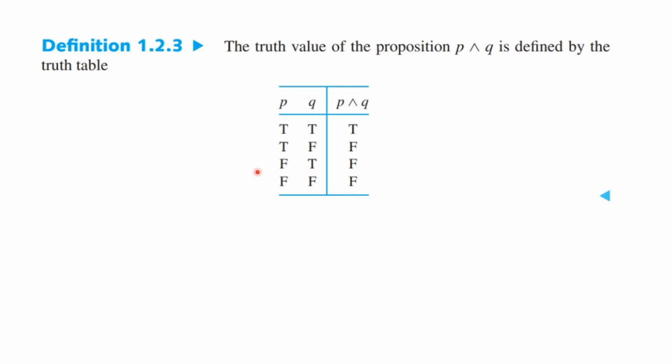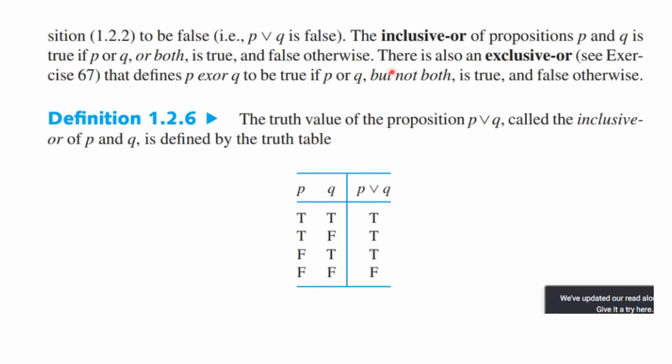So let's look at then the truth table for P and Q. And this is the definition, but P and Q is true only when both P and Q are true. Otherwise, it is false. This is the disjunction, but it's also sometimes called the inclusive or, because it allows both of them to be true, and this is the definition for it.